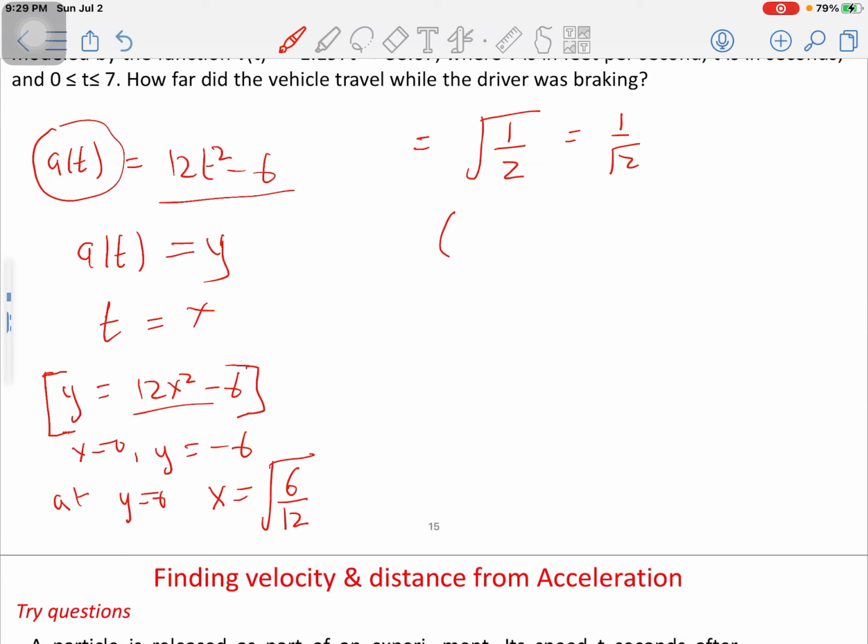So now your points that you are going to plot are 0 and -6, and that of 1 over square root of 2 and 0.